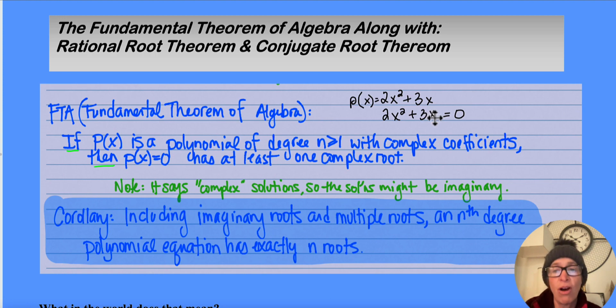But also, the corollary to that says that including imaginary roots and multiple roots, an nth degree polynomial has exactly n roots. So I know this is going to have 2 roots. Now, because complex roots, you already know, come in pairs, it's either going to be 2 imaginary roots or 2 real roots. It can't be one complex root at this point because they always come in pairs.